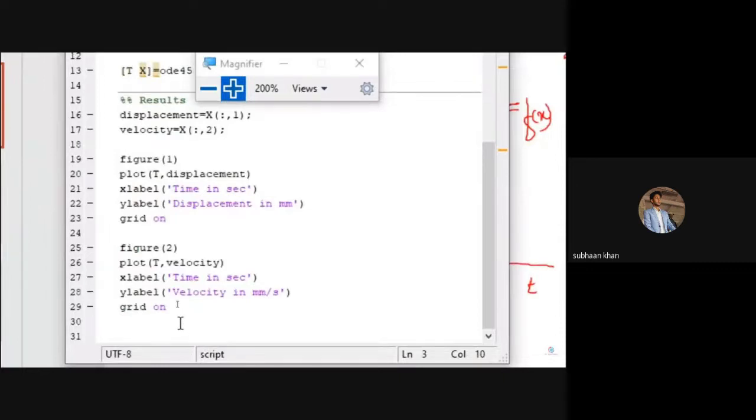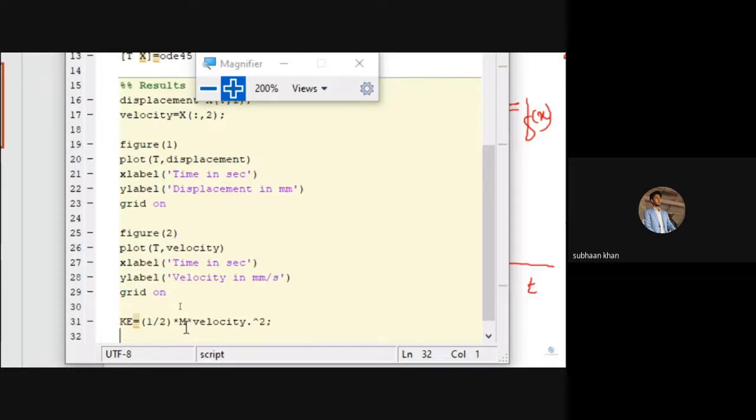The first equation is kinetic energy. Can you tell me what is the equation for kinetic energy? Kinetic energy is equal to, yes, Avdut, tell me. Half m x dot square, mass into velocity square. It's x dot because I'm going to use the dot; the reason, as I told in the last lecture, is that we have to do an elemental calculation.